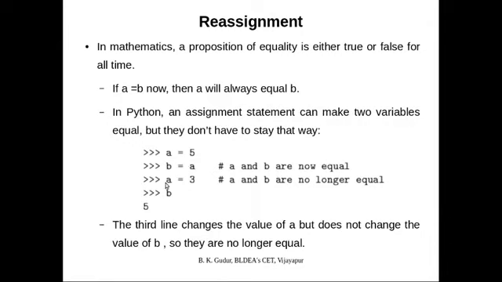But when I make a equal to 3, I have just reassigned 3 to a, whereas b is still 5. Because of that, making a equal to b doesn't mean that both are always equal.